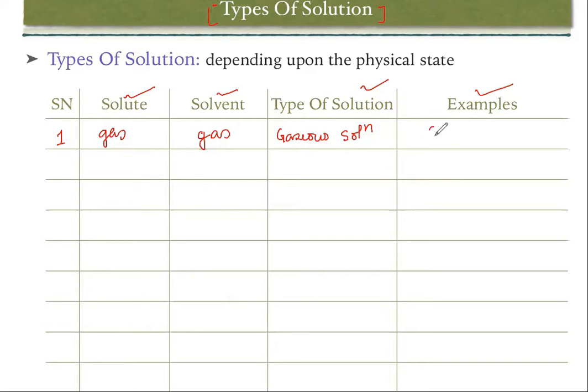Examples are a mixture of O2 and N2. Next one: solute type is liquid, solvent type is gas. In this type, the solution is a gaseous solution. Example is humidity.